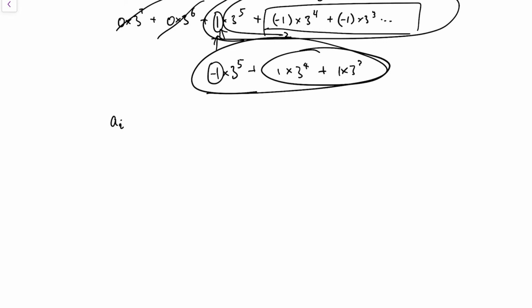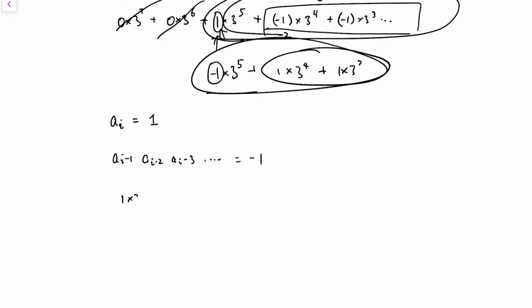AI, right? AI equals -1. Or let's use the positive example first. AI is 1. AI minus 1, AI minus 2, AI minus 3, all of these are -1.